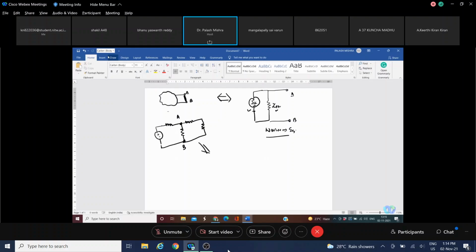First of all, you have to reduce this, something like this. Now you have to find out the short circuit current flowing in this circuit. That value will be ISC.